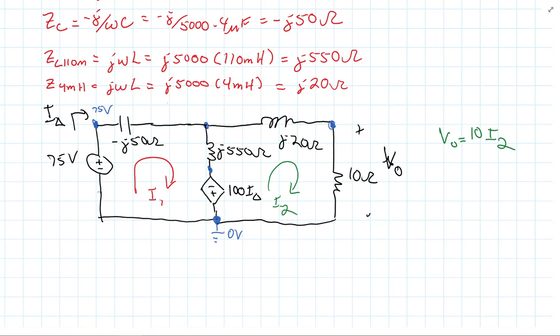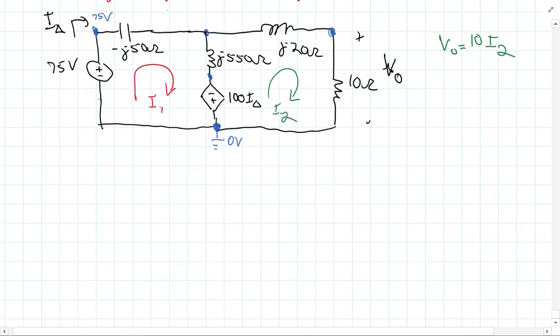Now before we write down some of these equations, we should probably make note here that we should also see that I1 is equal to I delta. So that means that this dependent power supply is really just 100 I1. Alright, so let's write my equation for loop 1. So I start with the voltage source.